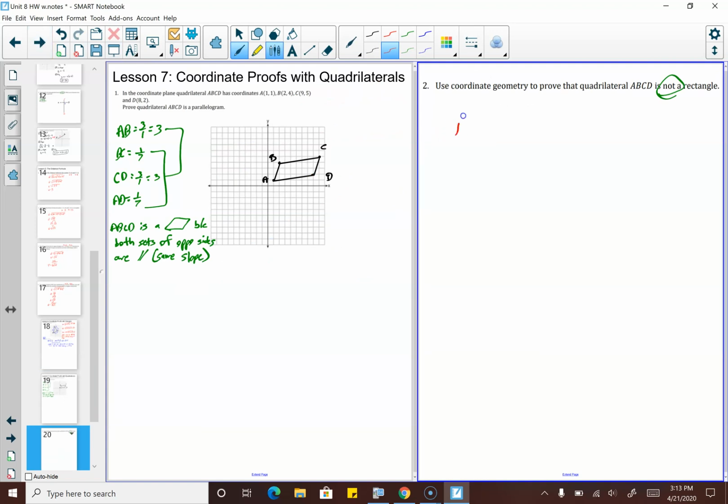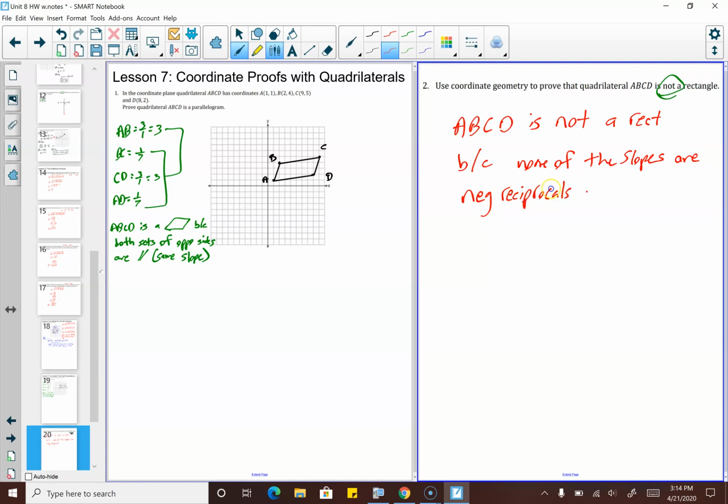So ABCD is not a rectangle because none of the slopes are negative reciprocals. So there are no right angles.